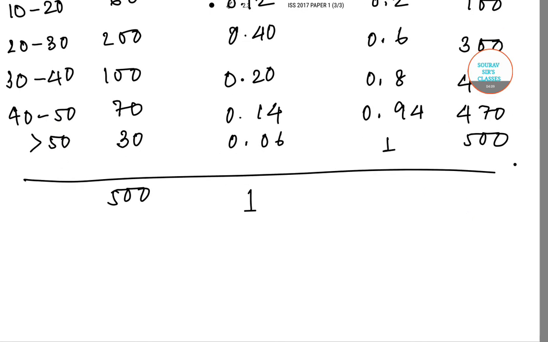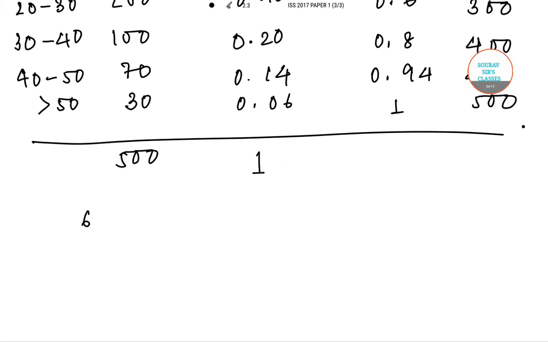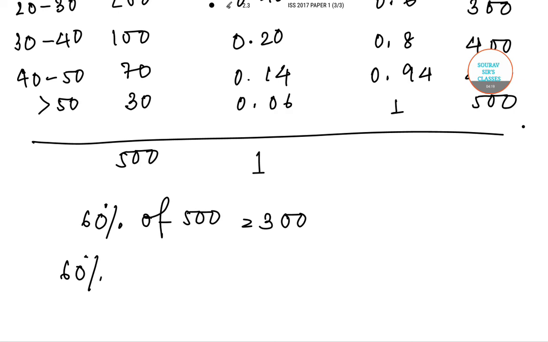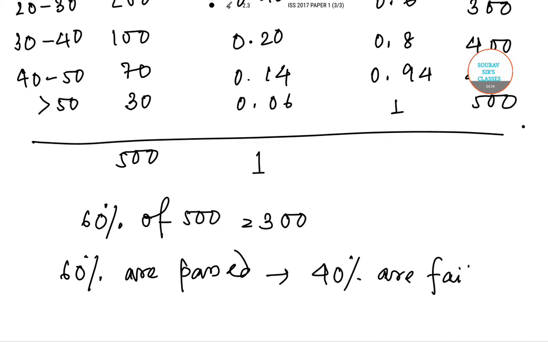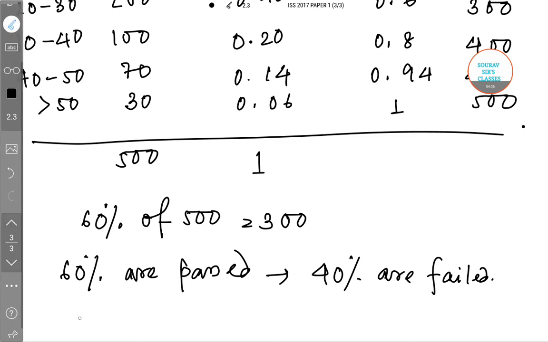Yes. Now 60% of 500 is equal to 300. Now 60% have passed, so 40% have failed. Hence minimum passing marks lies in 20 to 30.